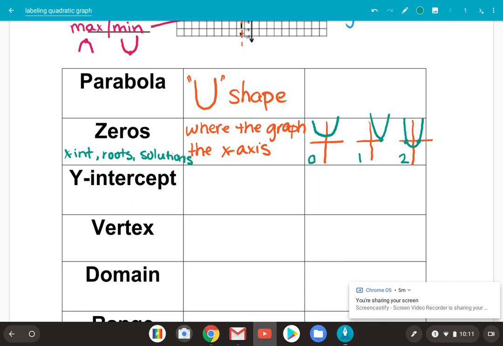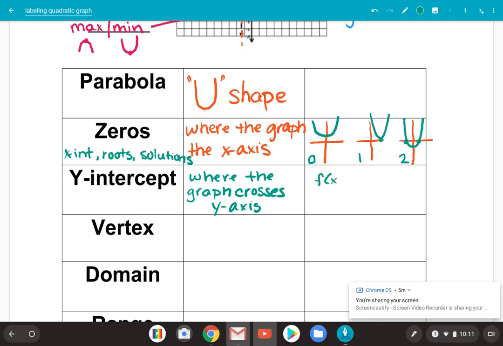Y-intercept, so where the graph crosses the y-axis. The nice thing is when we get to standard form, which will be the following week, it's actually the last number in the equation.